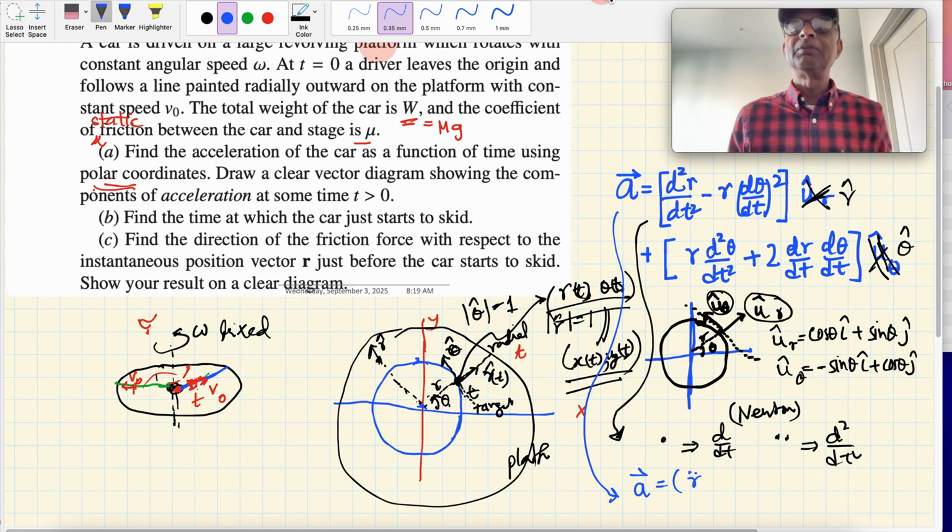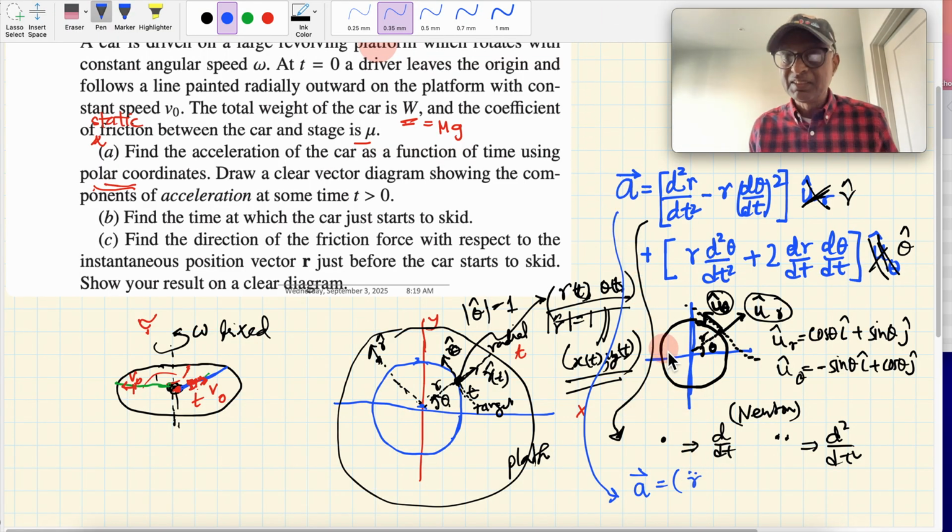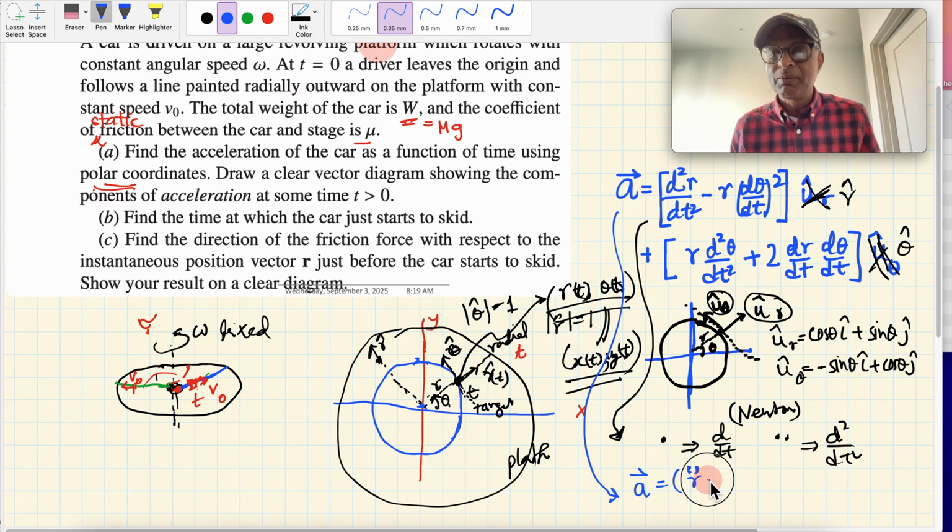Let me see, just cut off for a little bit. r double dot, of course you can have a triple dot, things like that in this notation, minus r theta dot, but it's squared, theta dot squared, in the r hat direction.